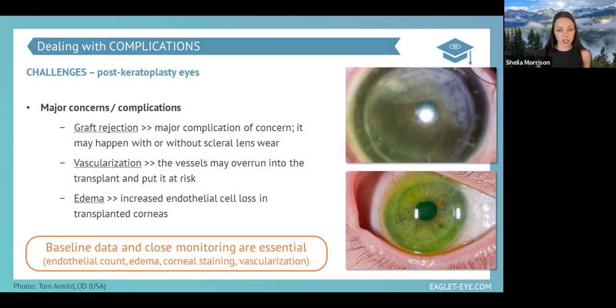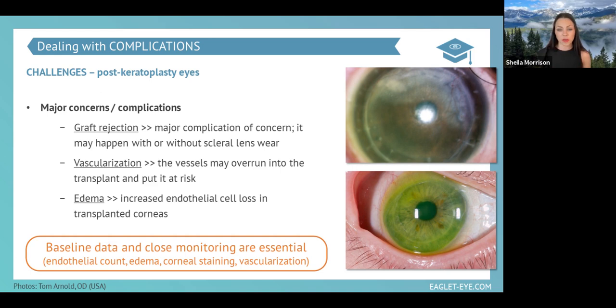Now, in our clinical practice, and I know that a lot of you out there fitting sclerals fit lenses on corneal transplants. And to be quite honest, this is a population that again comes with one of the greatest responsibilities because they are high risk. Oftentimes PKP comes with concerns such as a graft rejection, vascularization, edema.